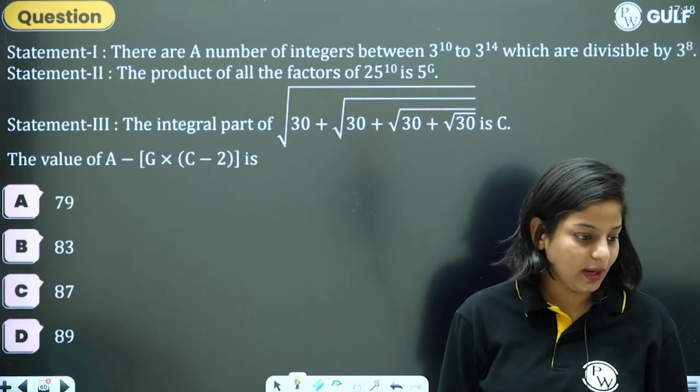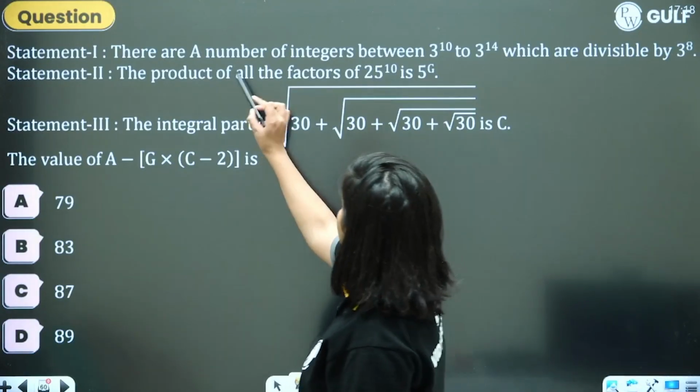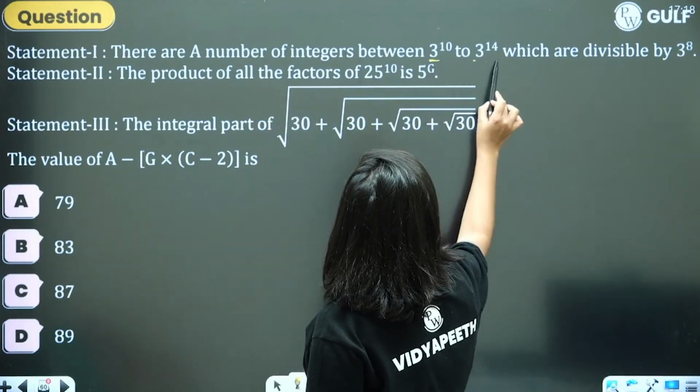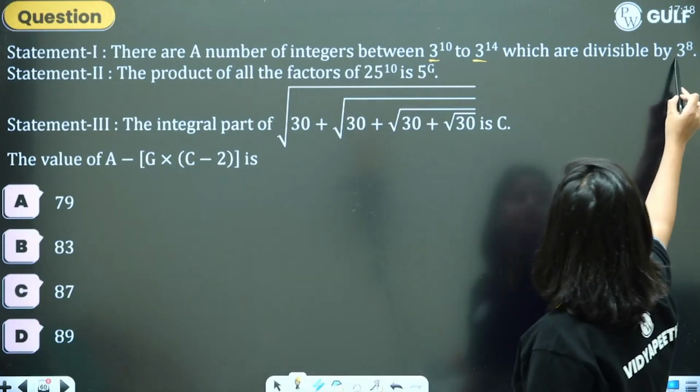Alright, interesting one. Statement 1, the number of integers between 3 raised to 10 and 3 raised to 14 which are divisible by 3 raised to 8.